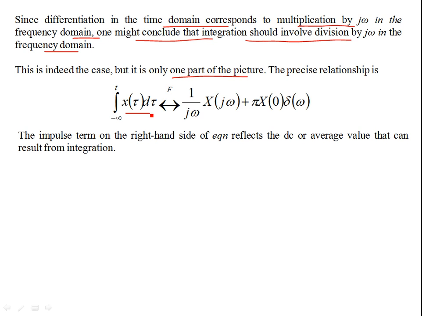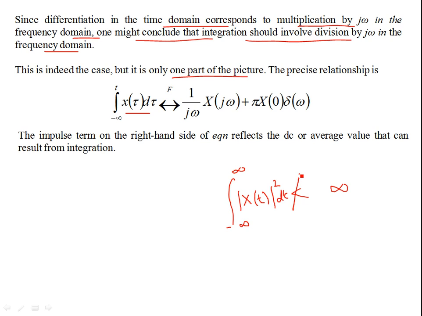If you recall, the signal is not absolutely integrable. If it is absolutely integrable, then it is a sufficient condition to show that the Fourier transform exists.